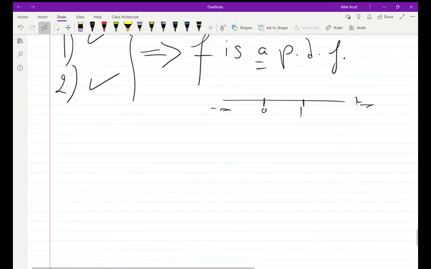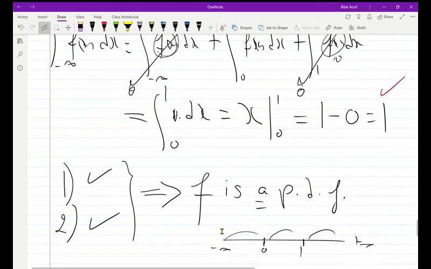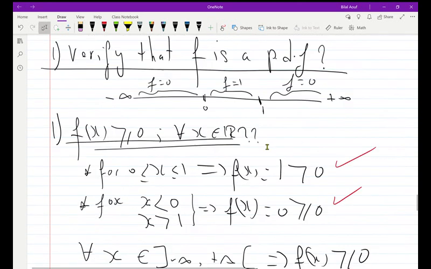In this case, I divided into 3 parts: 1, 2, 3. I do the same thing for any example. In this example, the values of f of x are only divided into two, 1 or 0. It can be more, for example 4 different intervals.